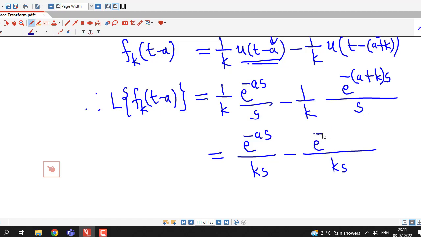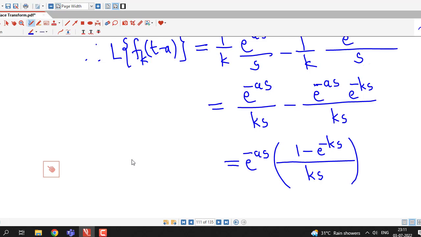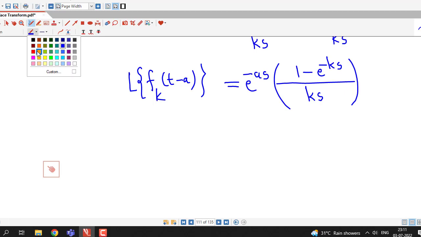This I can rewrite as e raised to minus as into e raised to minus ks, and now I take e raised to minus as common, and 1 by k into s is also common, and here I have 1 minus e raised to minus k into s. So this is the Laplace transform of this function f suffix k of t minus a.